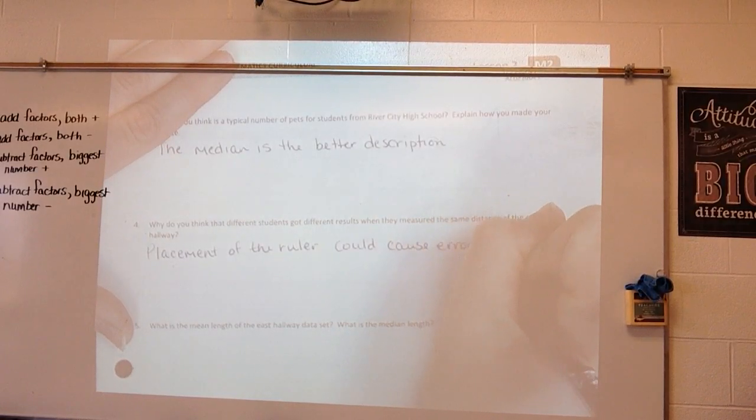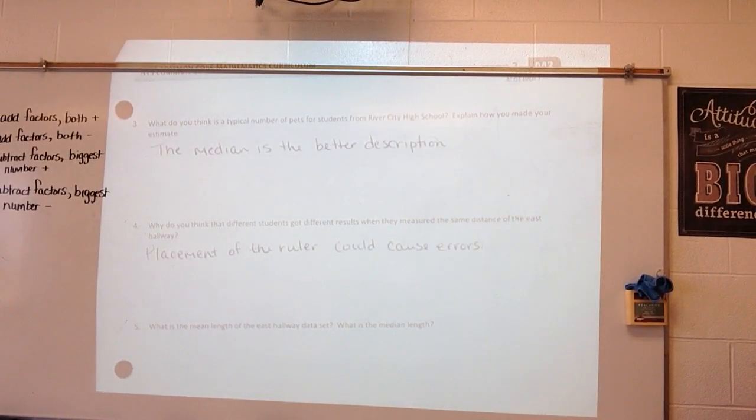Placement of the ruler could cause errors. Then they have to move their ruler every time, so therefore they could have mistakenly moved it the wrong way.